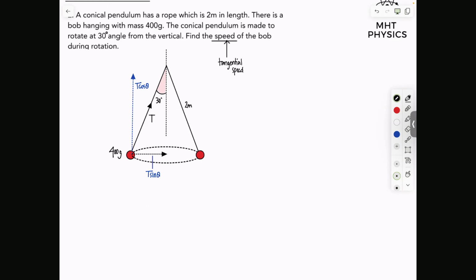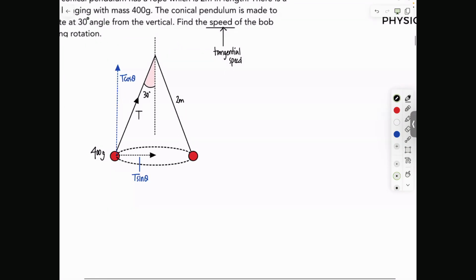Okay, very good. So let me tell you what to do, everyone look this way a bit. I need my force here, centripetal force, to solve this question. Unfortunately, I do not know what the tension is. So the first thing is we need to find tension. How can we find tension?